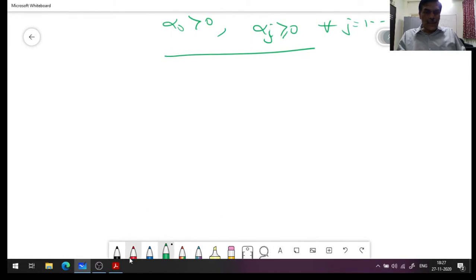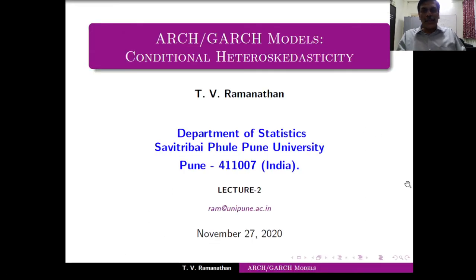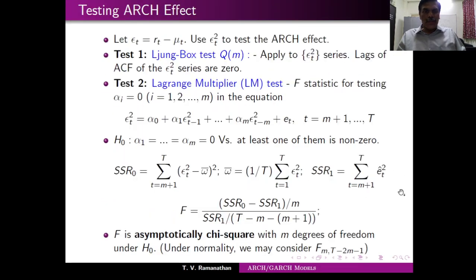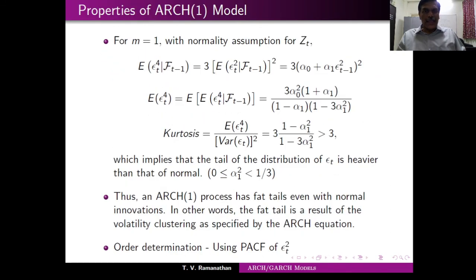We went through this in the last lecture, and this tells me that kurtosis takes large values greater than 3. So you have kurtosis more than the normal distribution, which has 3. So it has fat tails even with normal innovations.